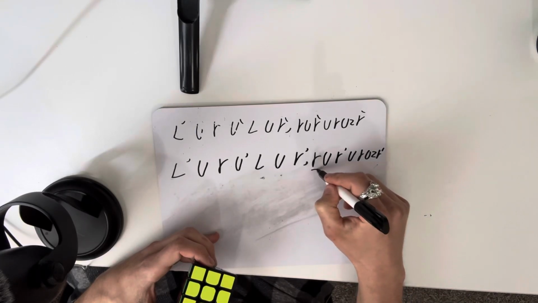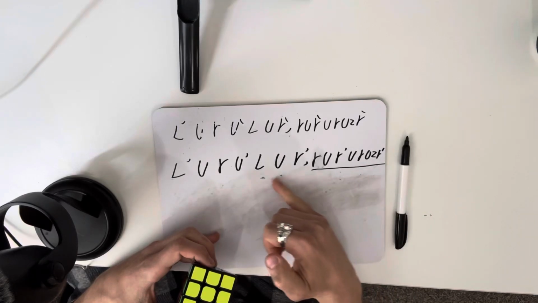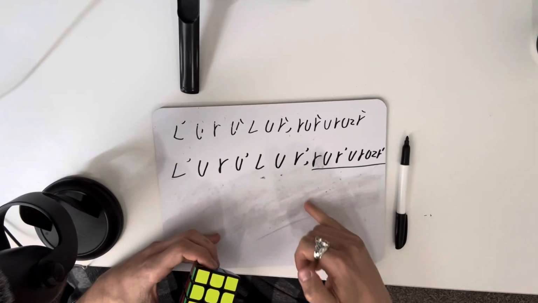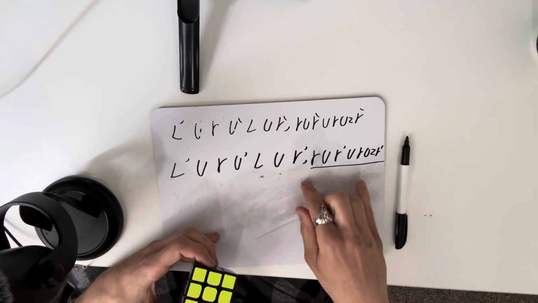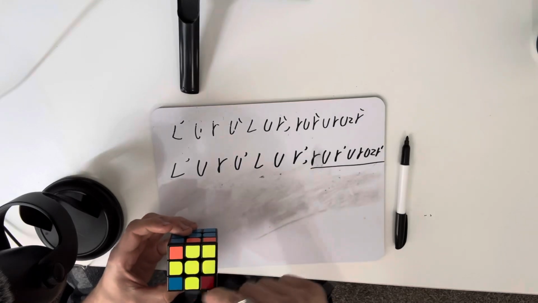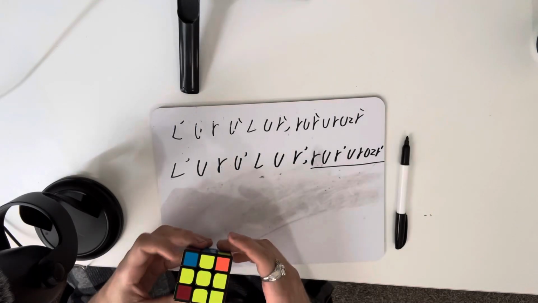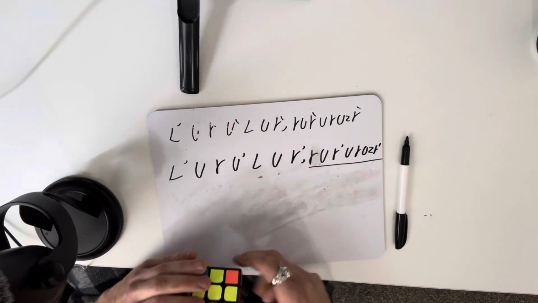So this one right here is the ending of this algorithm. That's how you basically just put it back together. This is the exact same one we do when we have the fish. So if you can learn that, you're already done with half of this.